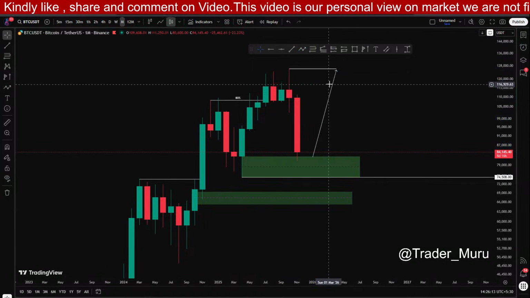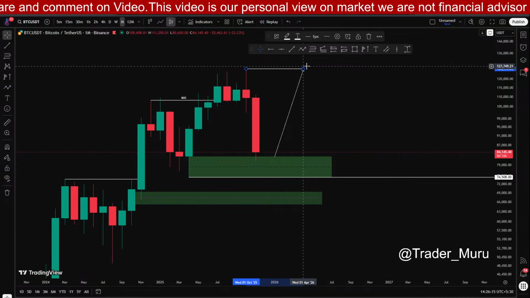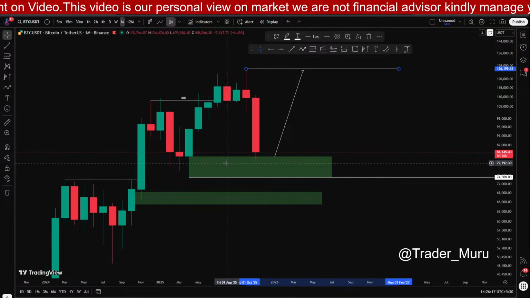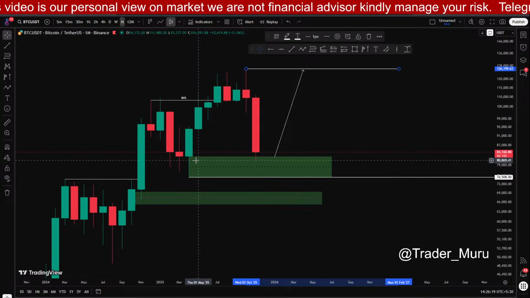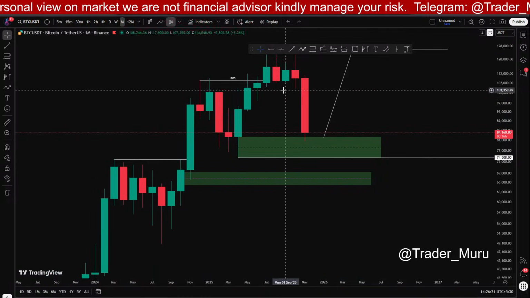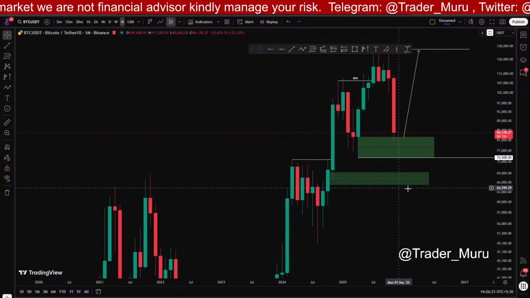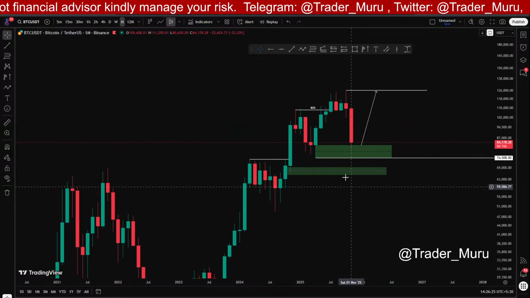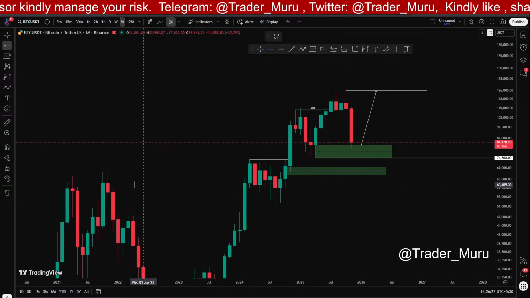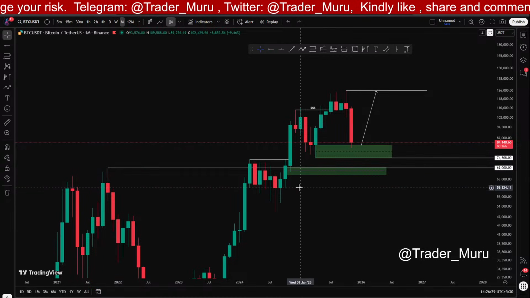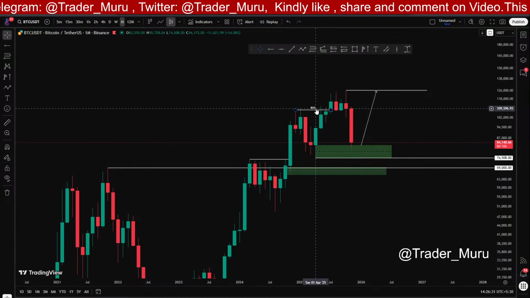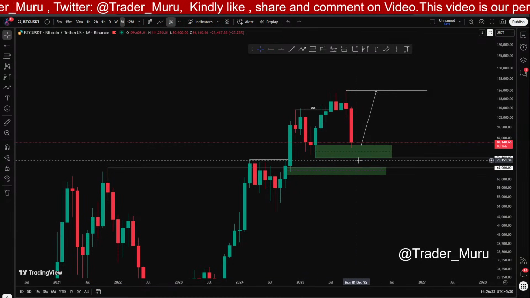But here we have a twist, that price does not have any liquidity here. You can clearly see this. Price does not have any liquidity here. And we have this high still pending for the test. After this high, we haven't retested.